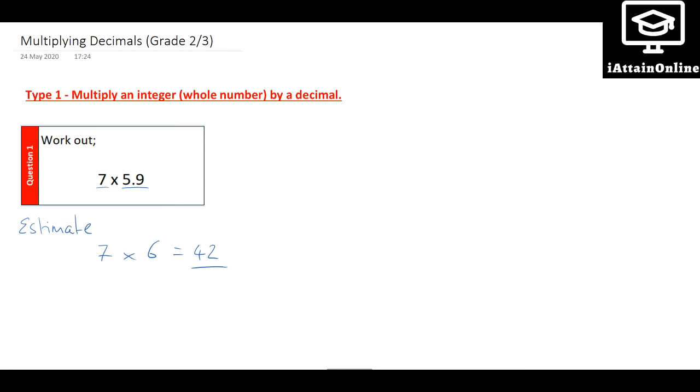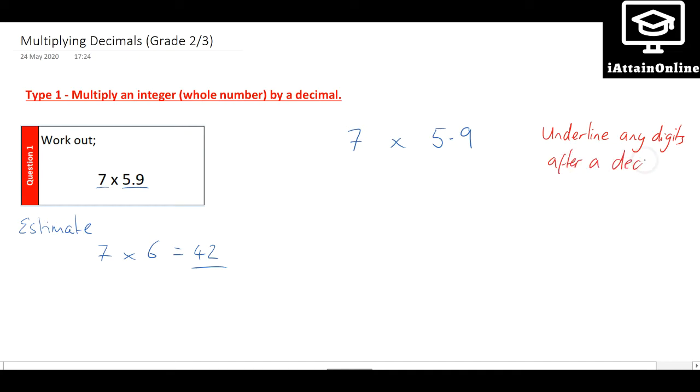Okay, so we're going to start by writing out the question. 7 times 5.9. Now the first thing you're going to do is underline any digits that appear after a decimal point. So for 7, there aren't any digits after the decimal.